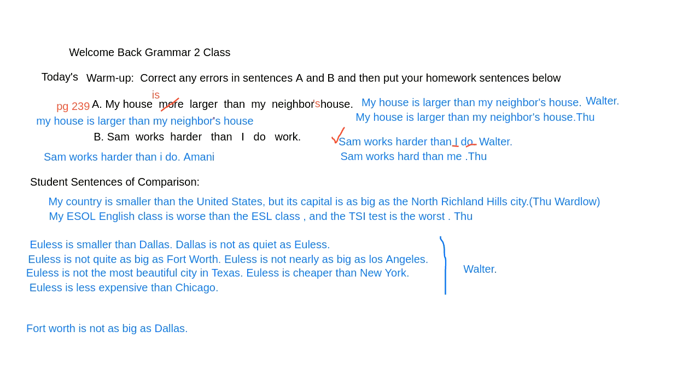And then 2, you said Sam works hard than me. Okay, but remember, if we're using than, we need to have a comparative adjective. Do you see that too? Yes. Okay. So now it's correct.